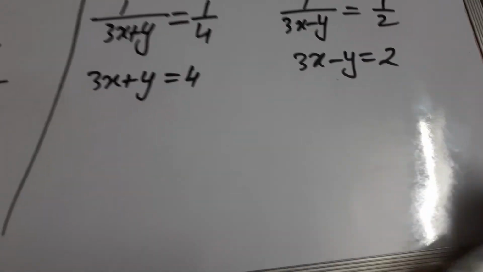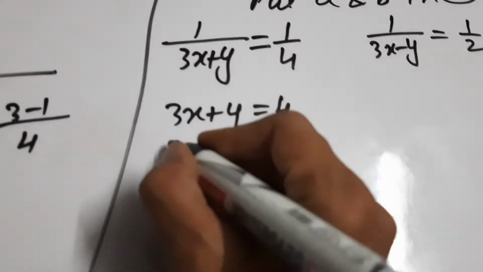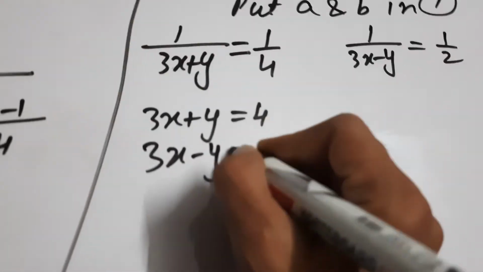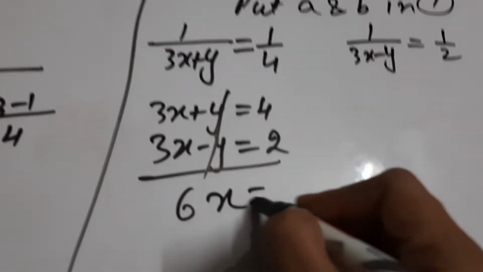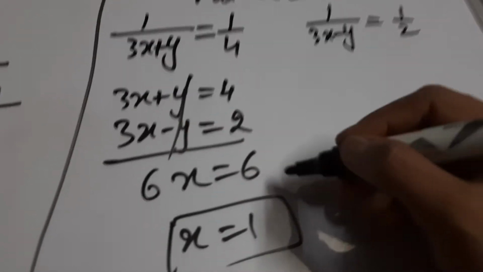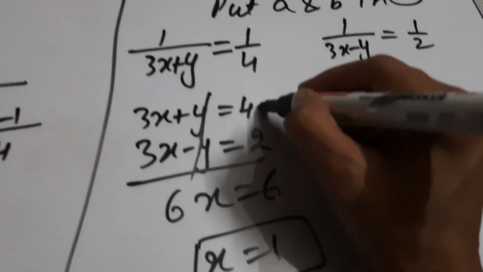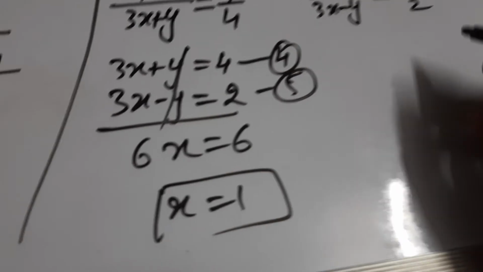So solve them again by which method? Elimination. Let me write it here. 3x minus y is equal to 2. So solve it, you will get 6x is equal to 6, x is equal to 1. So now put this value either in this equation, that is 4th equation, or 5th equation. We'll get the value of y.